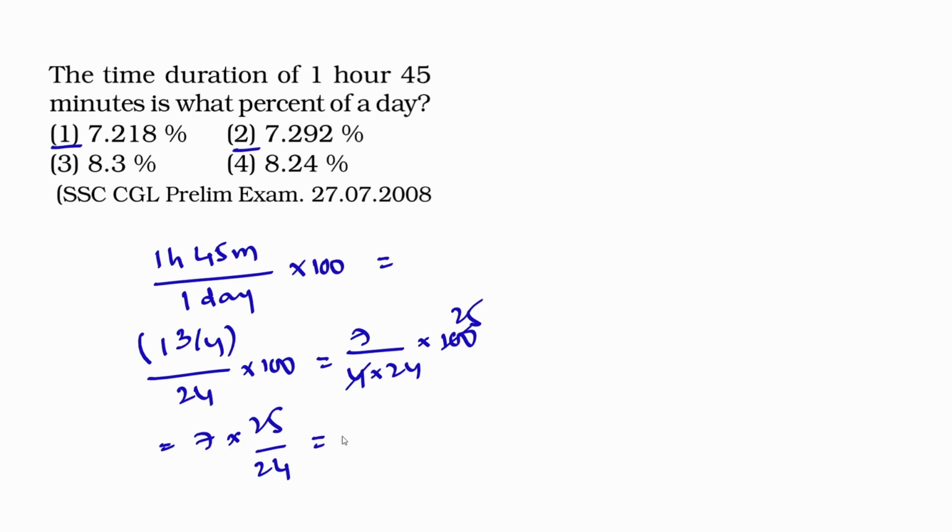So we need to calculate it. So it's 7 plus 7 by 24, and 7 by 24 is slightly larger than 6 by 24, which is 0.25. So it's at least 7.25.